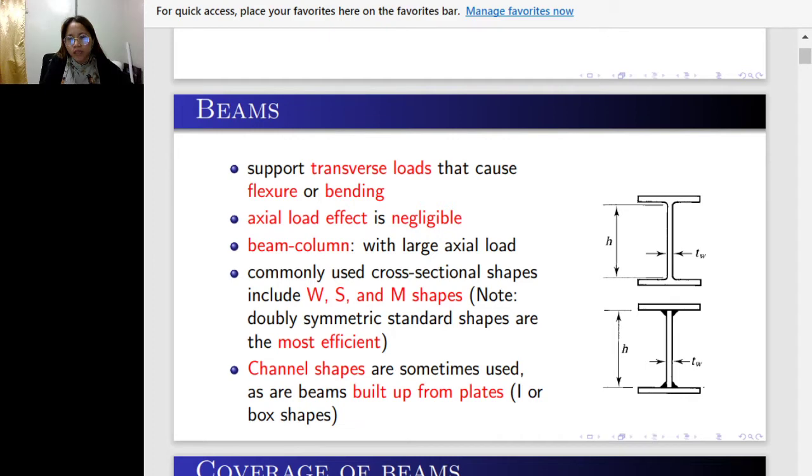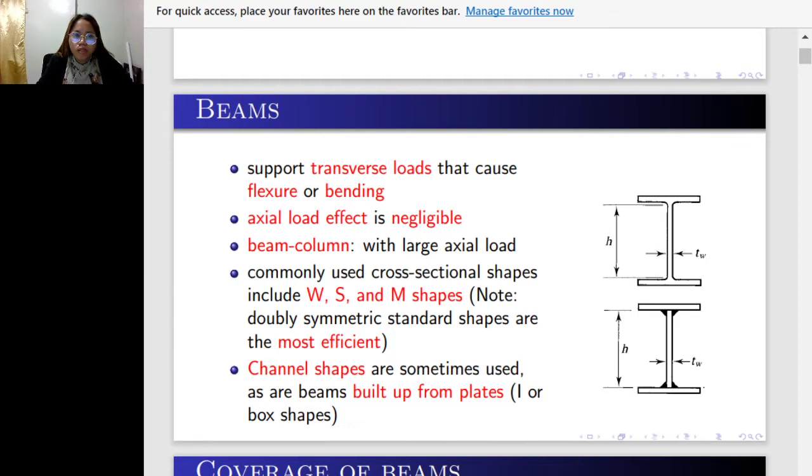Here we'll discuss steel beams, because this subject is the design of steel structures.